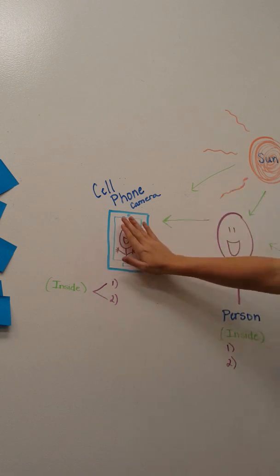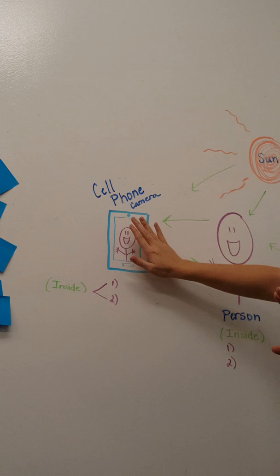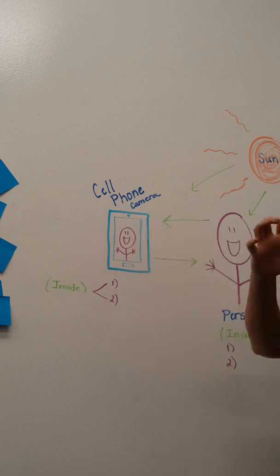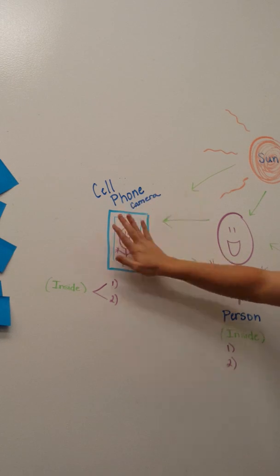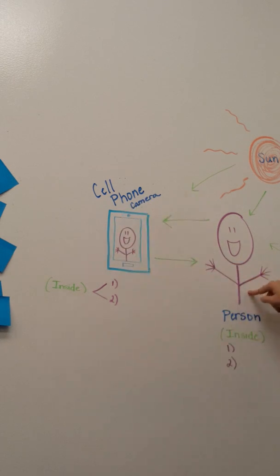We have our cell phone camera, and just like we talked about earlier with our little piece of film, we're going to be talking about the cell phone camera and how that does energy transformations. We have our person, which we talked about how energy transformations occur, our sun, which we talked about energy transformations with, and then a lamp, which we talked a little bit about.